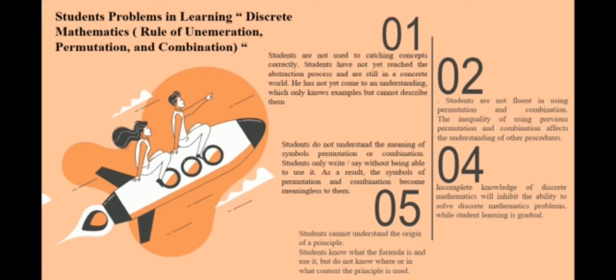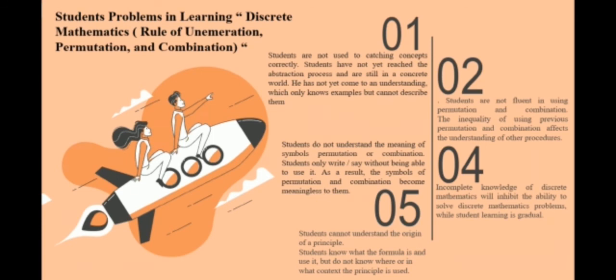They have not yet come to an understanding; they only know examples but cannot describe them. 2. Students are not fluent in using permutation and combination. The inability to use previous permutation and combination affects the understanding of other procedures.